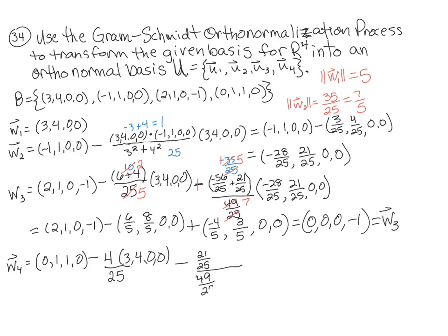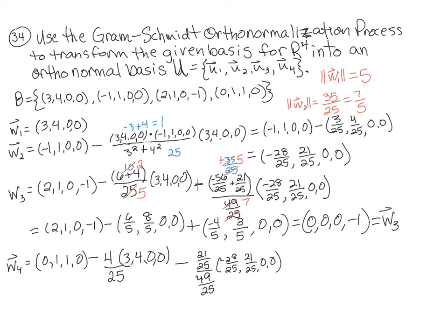See, the 25s are going to cancel. 49 and 21 are going to reduce. Hold on. And that's times that ugly vector there. Minus 28 over 25, 21 over 25, 0, 0.